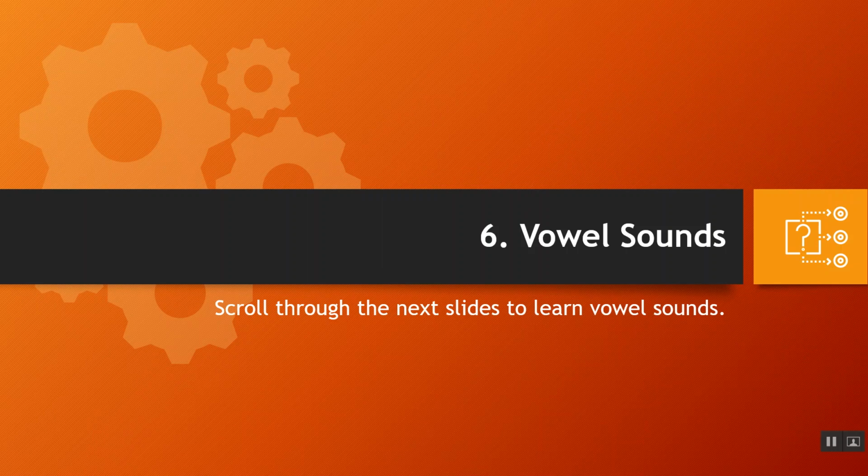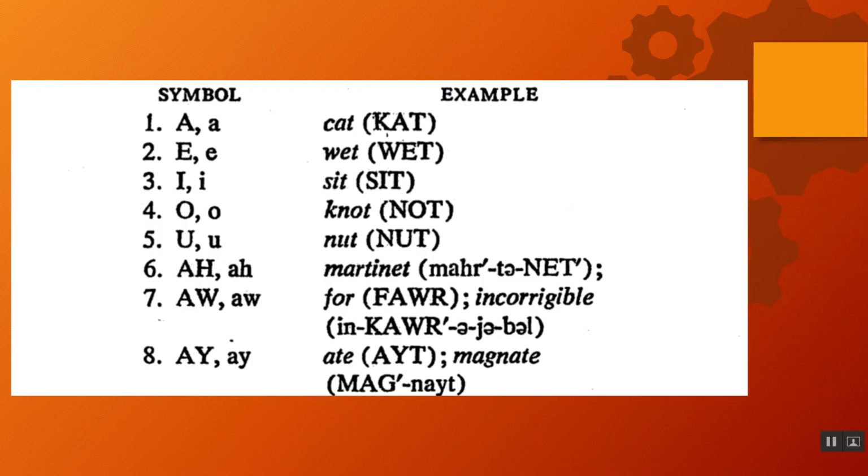Vowel sounds. A, cat. Wet, sit, O, not, nut, martinet, for. This is for.